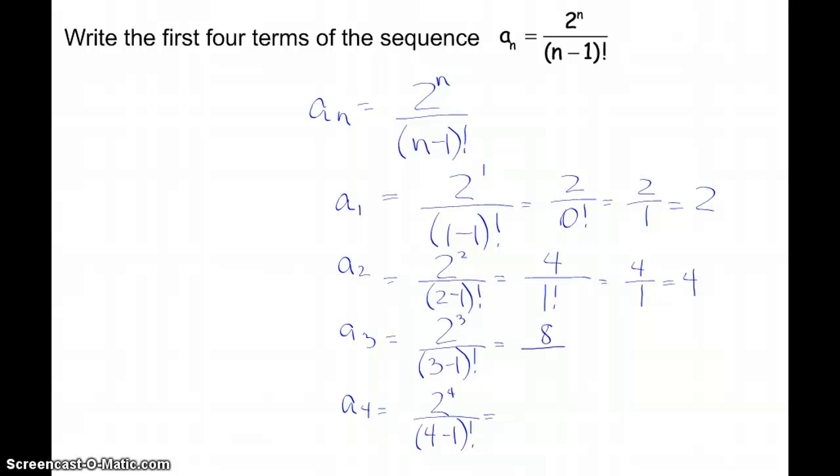This is 8 over 2 factorial, or 8 over 2, which is 4. This is 16 over 3 factorial. 3 factorial is 6. So this is 8 thirds. So there are the first 4 terms of this sequence, A sub n.